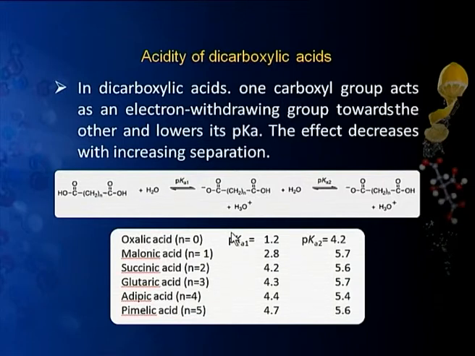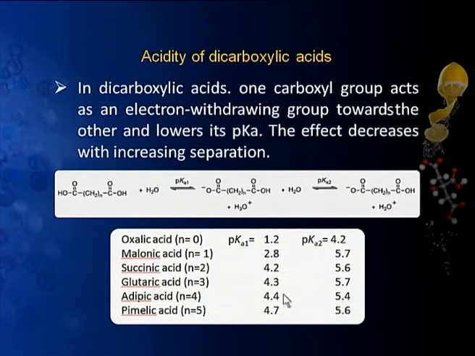And what we find is that as the number of intervening carbon atoms increases, the pKa is also increasing, and when we are reaching very close to n equal to 5, this value is very close to acetic acid.